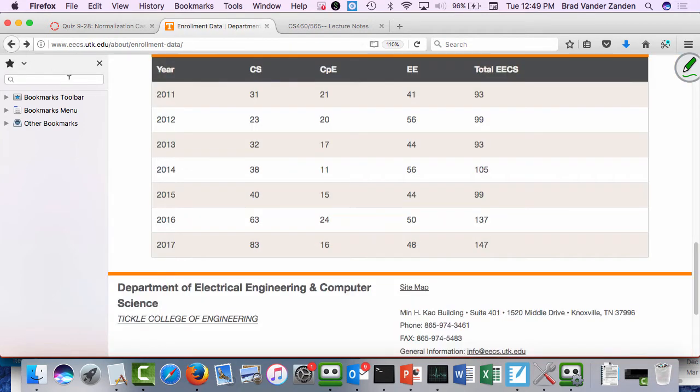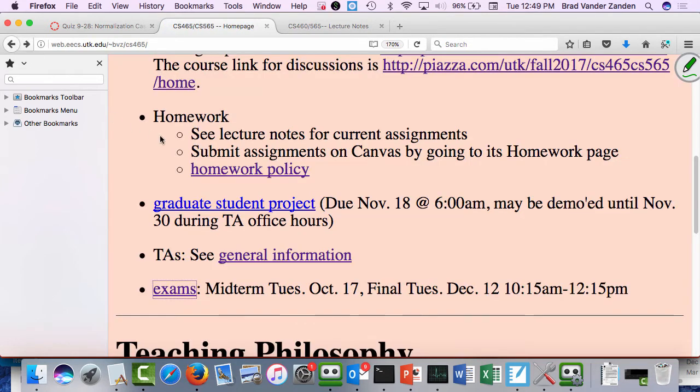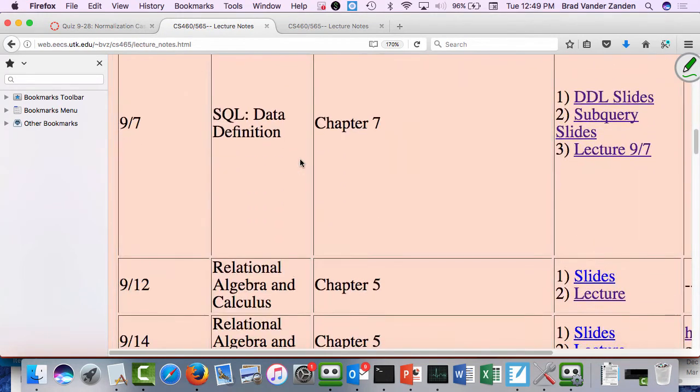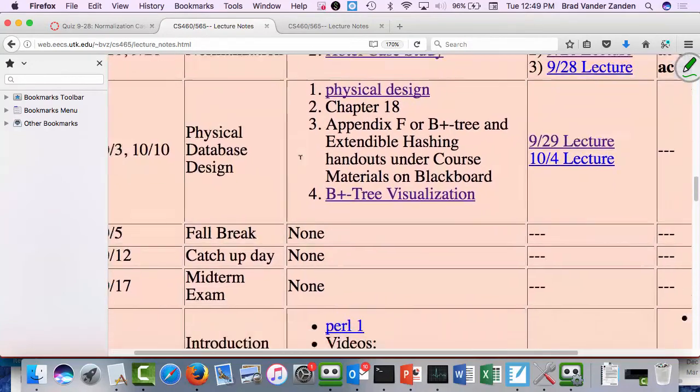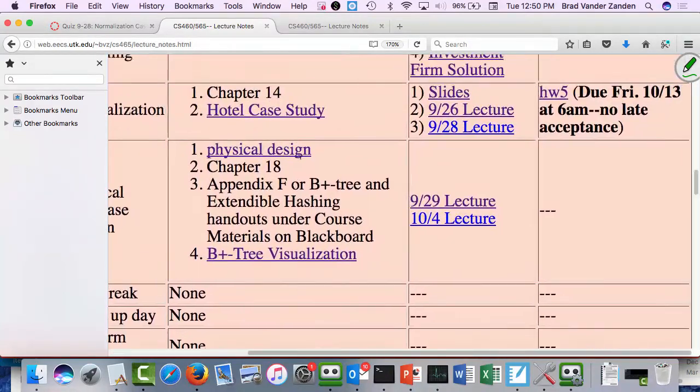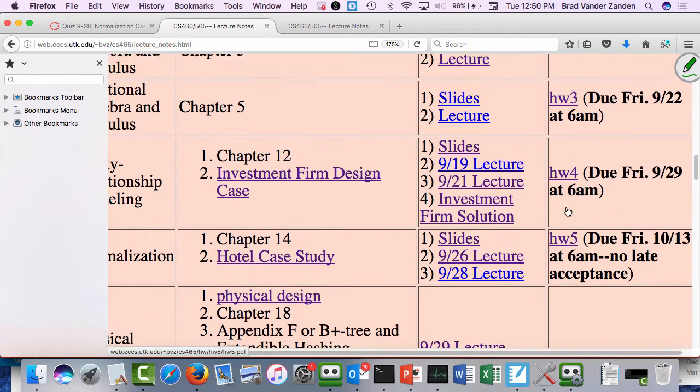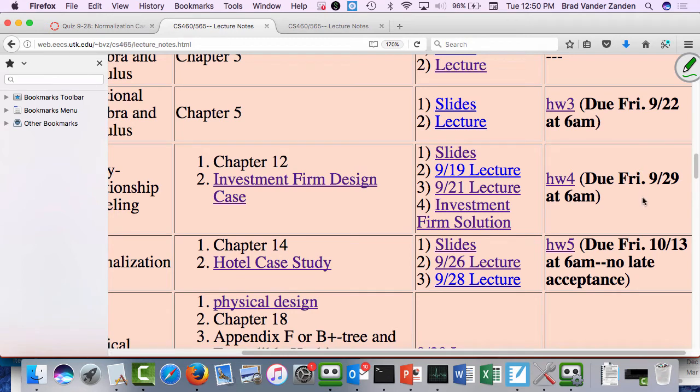Let's see. Also, you will note that the homework assignment is kind of a dual one. It's actually covering both normalization and physical design. So it's covering two different things, and therefore it's actually due in 2 weeks, not in 1 week.